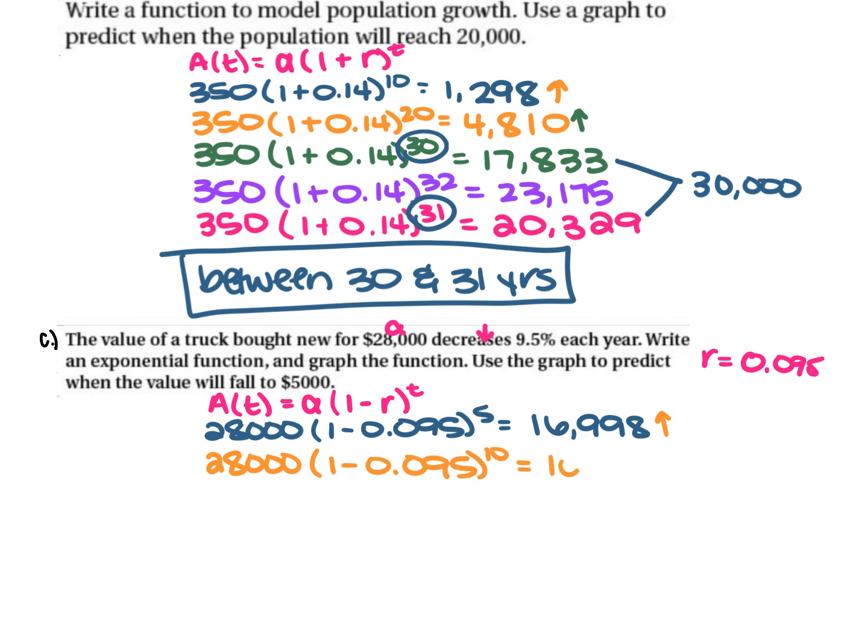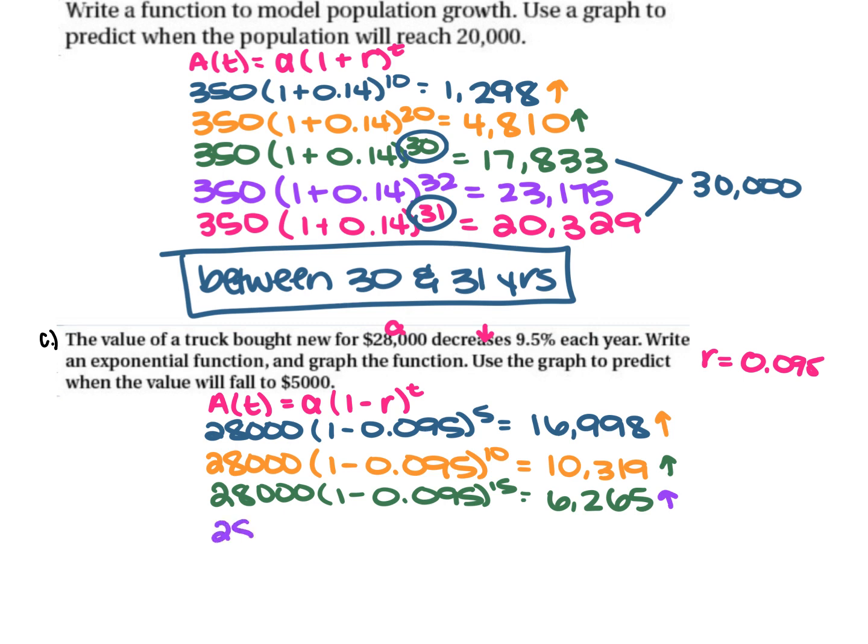That gives us 10,319. So we're going to go up from here. Also, we're going to try 15 on this one now. So 28,000 times 1 minus 0.095 to the power of 15 gives us 6,265. So we still want to go up on this one.